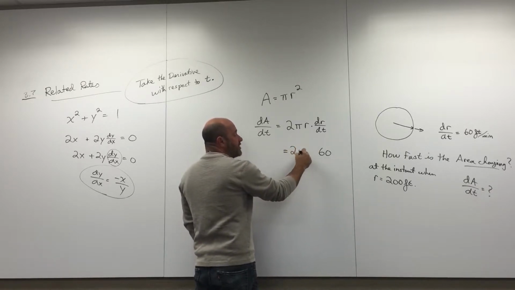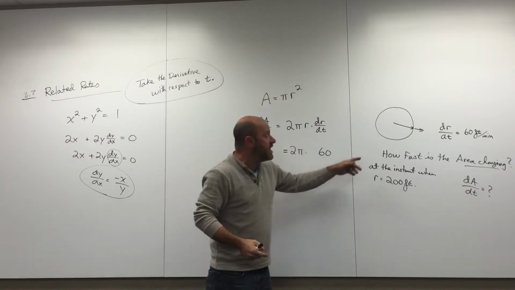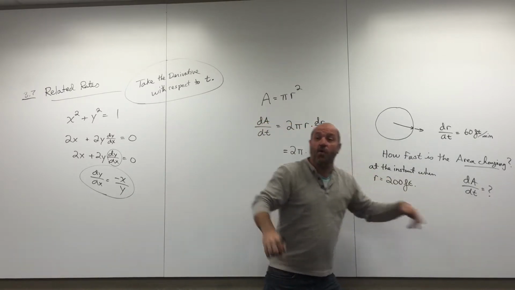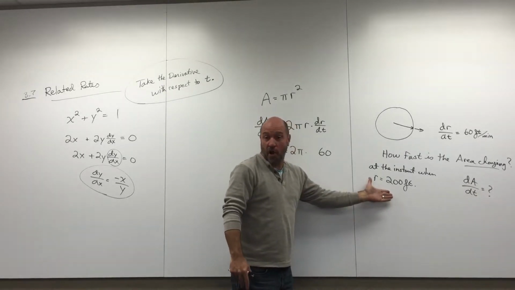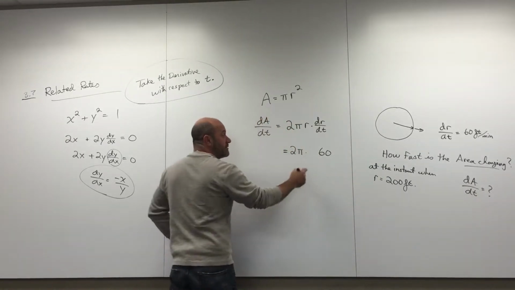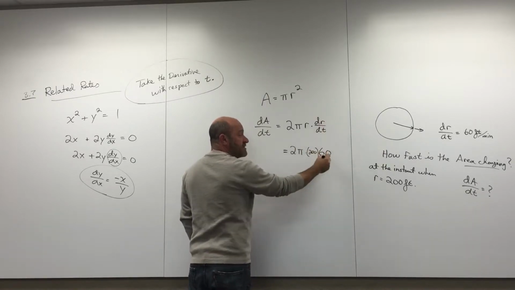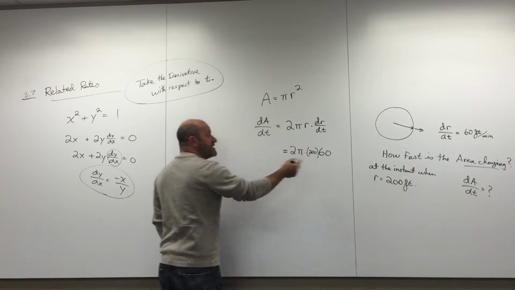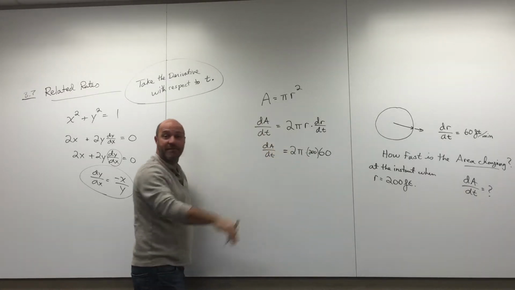The 2 pi is a number. What about the radius? The question was, find dA/dt at the moment when the radius was 200 feet. So I guess r is 200. dr/dt was a 60. That was all given. They're asking for dA/dt. It's easy.